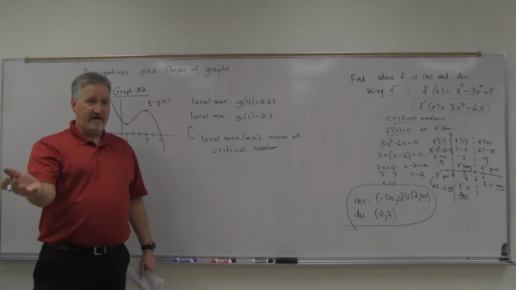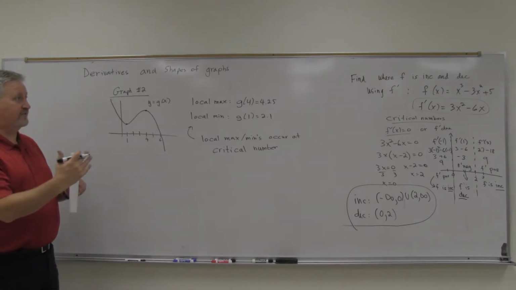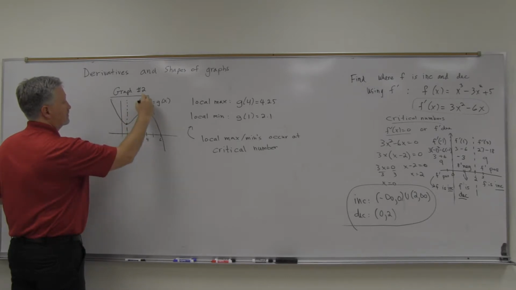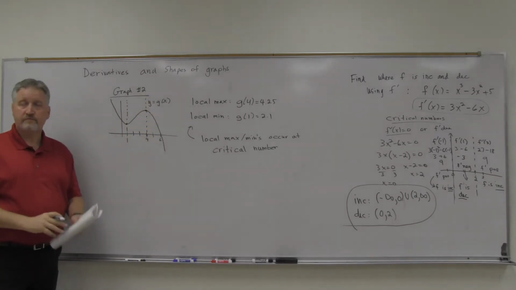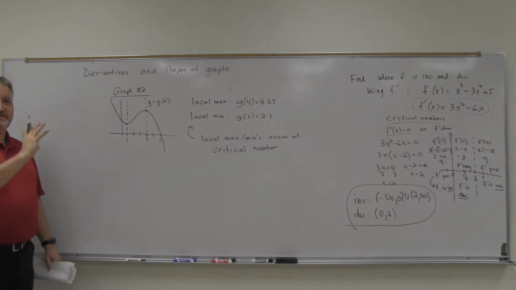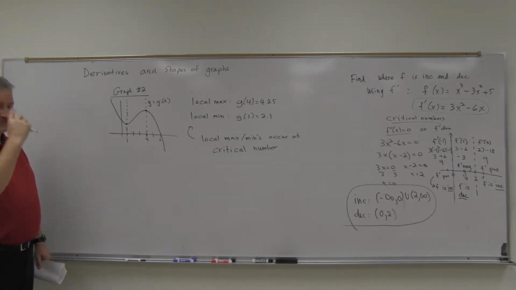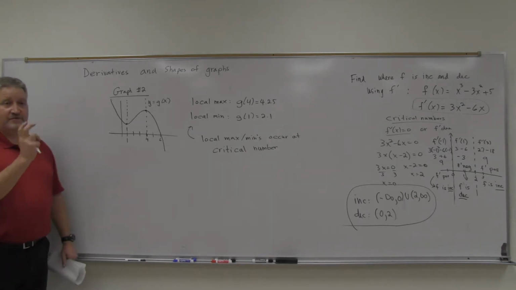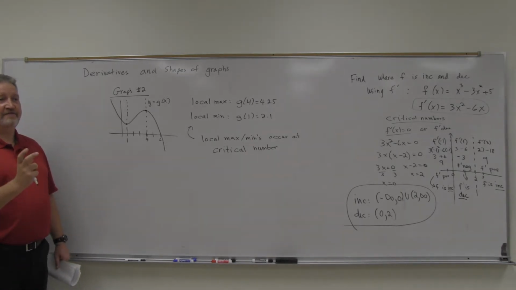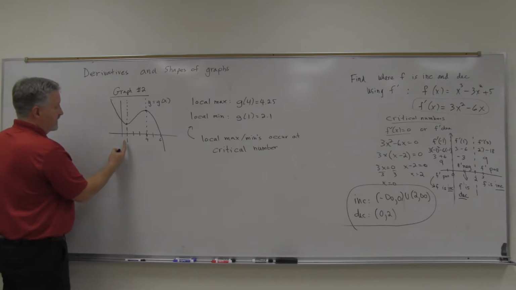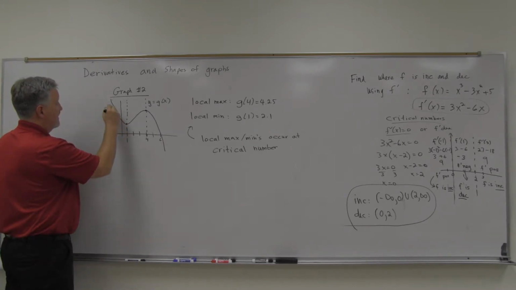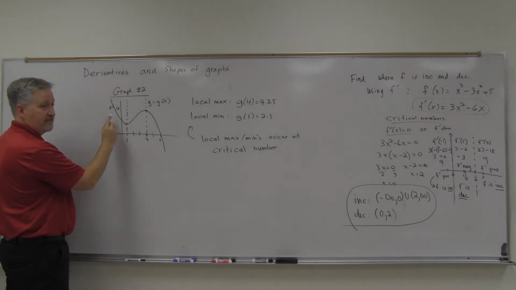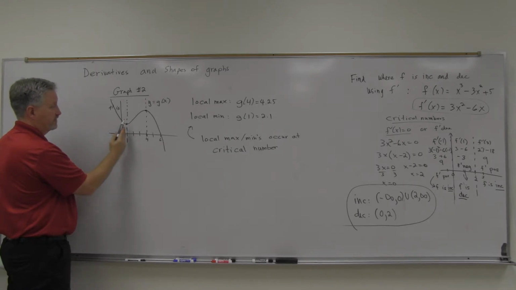But even beyond that, to follow up with what we did with increasing and decreasing here, notice on either side of our local maxes and mins, notice what the derivative is on either side of these. To the left of the local min here, what sign would you say f prime is?